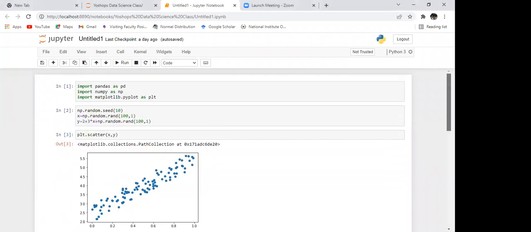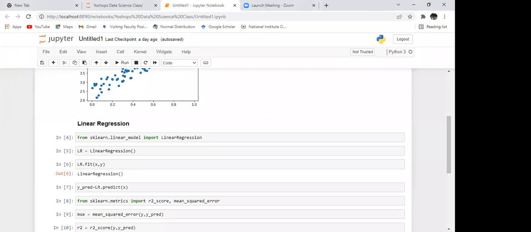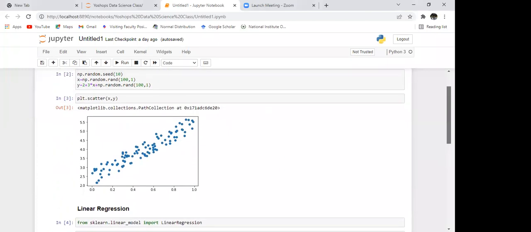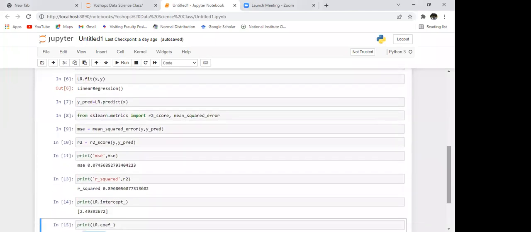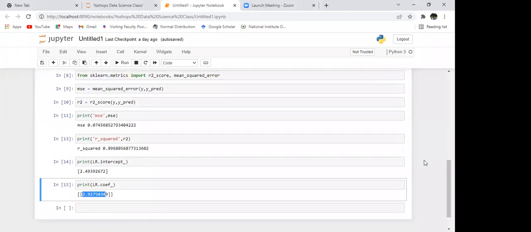Coming back to our linear regression. Last class, we tried to model this linear regression to our dummy data set, right? When you model, you are actually trying to obtain these values. Intercept, meaning this is your C, this is your M, right?